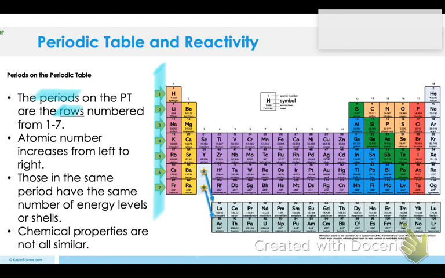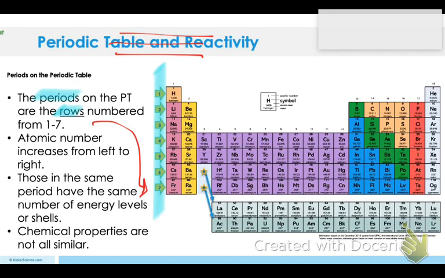At the movie theater, it goes by rows. It kind of goes across, like that's your row 1, 2, 3. Obviously the numbers are a little bit backwards. So it's going to be 1, 2, 3, and you have 7 rows. And those are your periods.